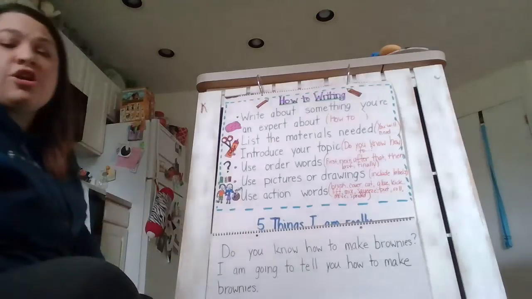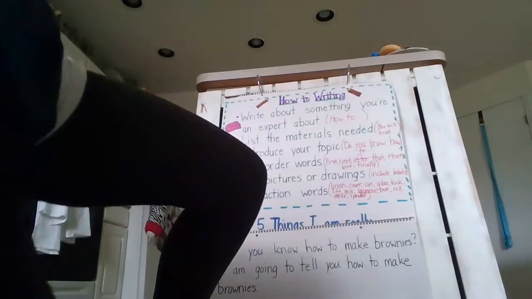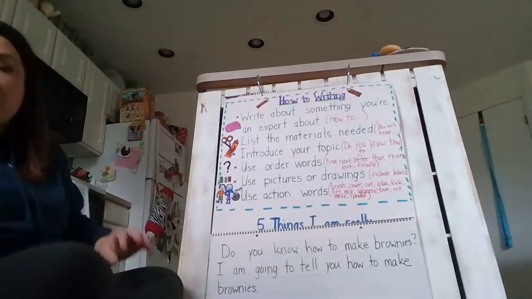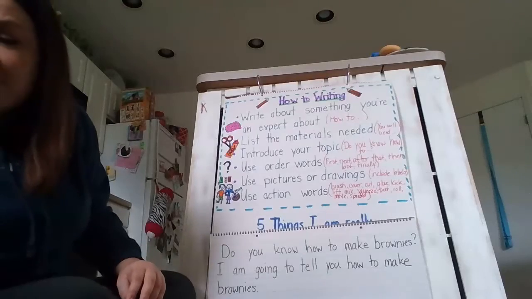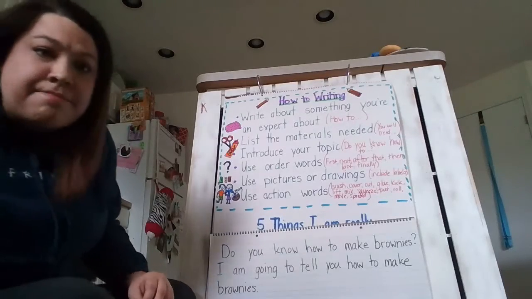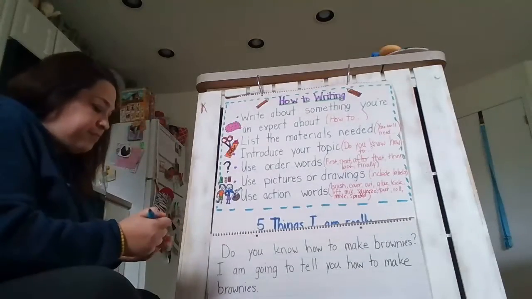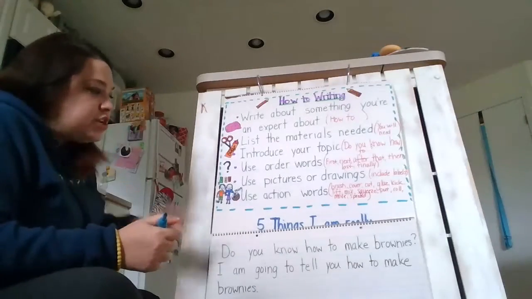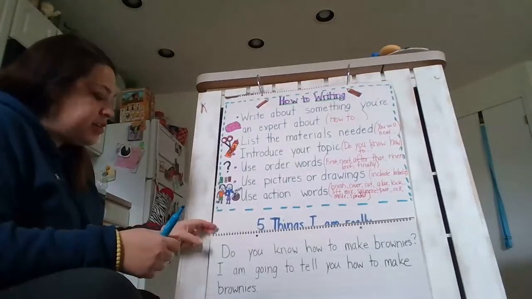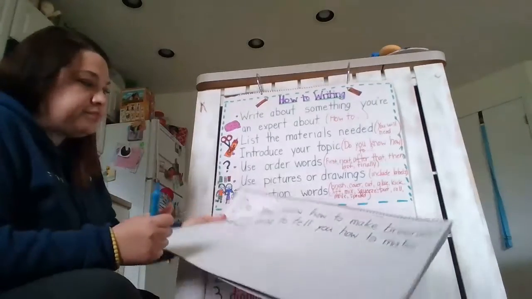The second thing you're going to do today, Missy's going to grab another color, is you're going to need to tell your reader what they need to make or do the activity. Okay? So do you know how to make brownies? I'm going to tell you how to make brownies.